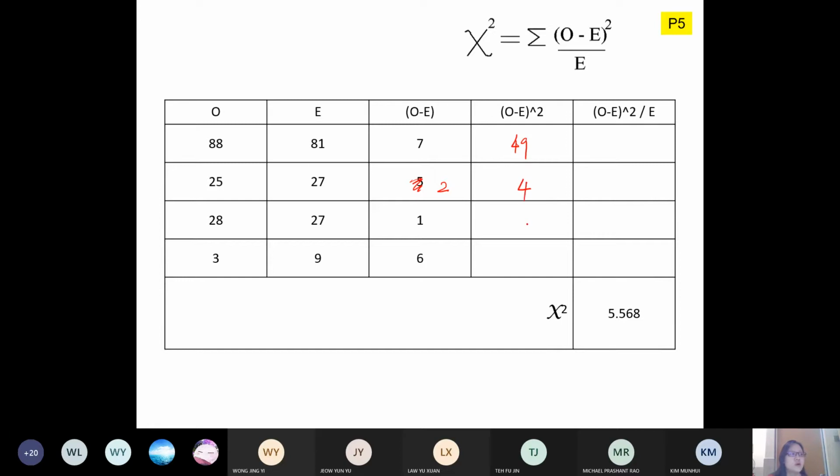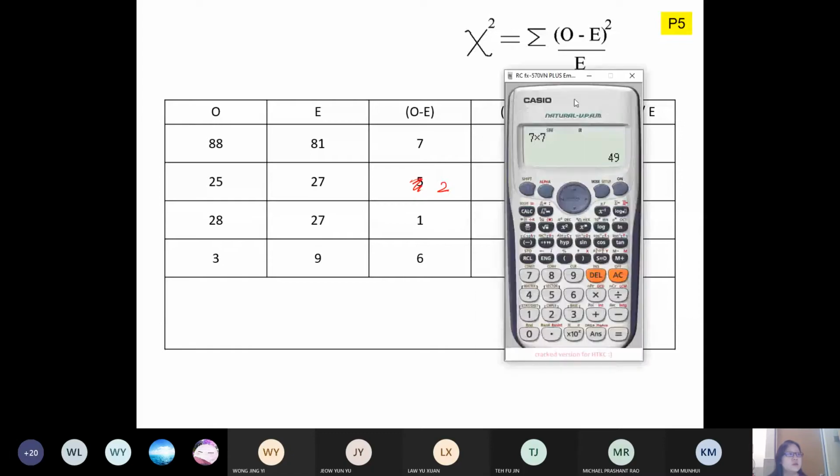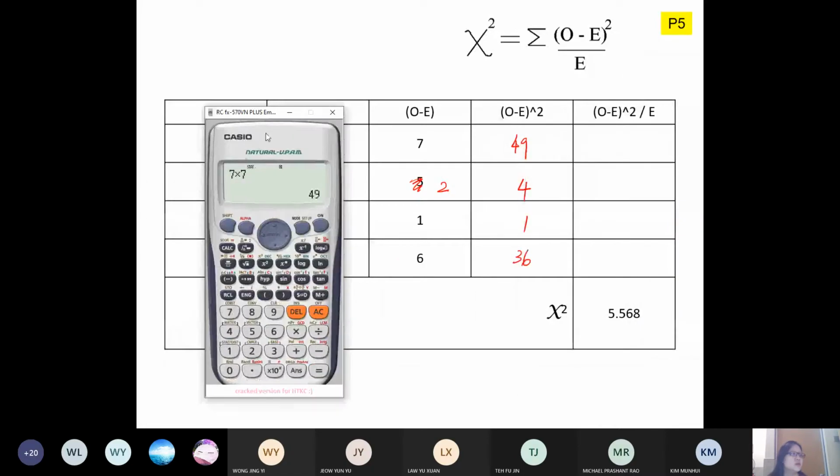So 2 squared is 4, 1 squared is 1, 6 squared is 36, and you divide it by the expected, so 49 over 81. Now I need a calculator. You can do this on your own. 49 over 81.